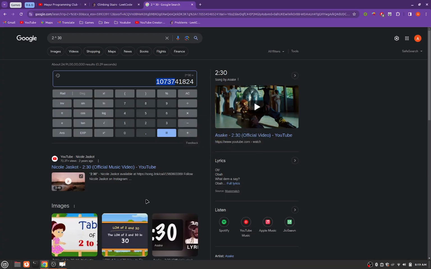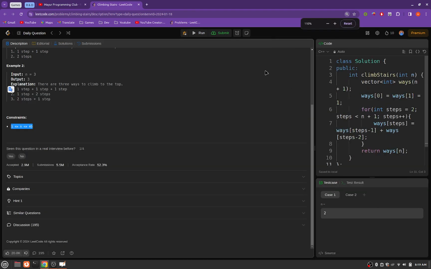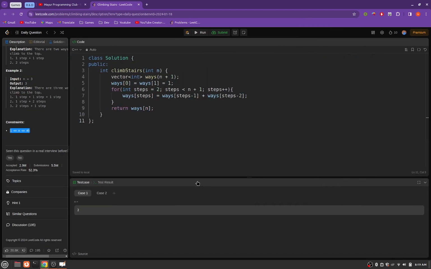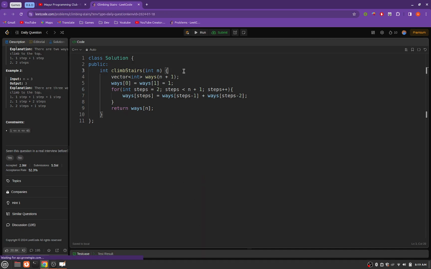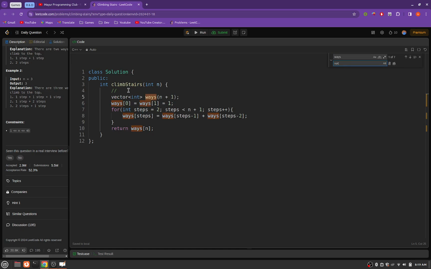So let's see the implementation. So this is the implementation. You can rename it number of ways to reach.